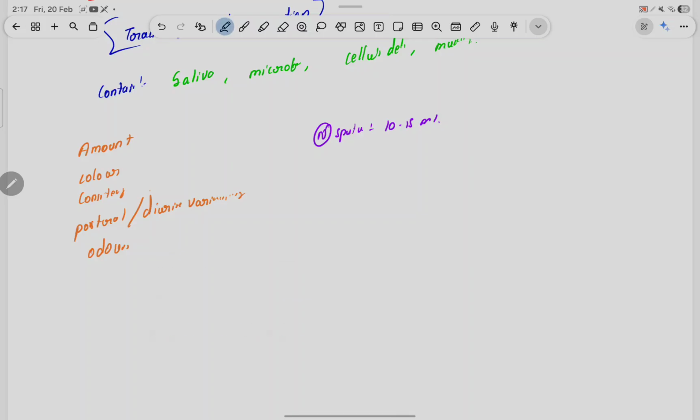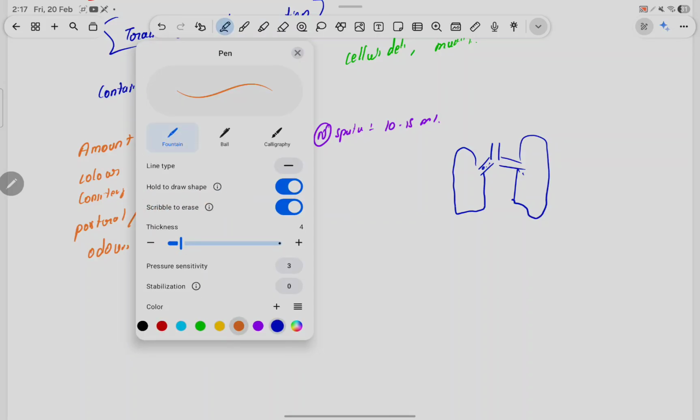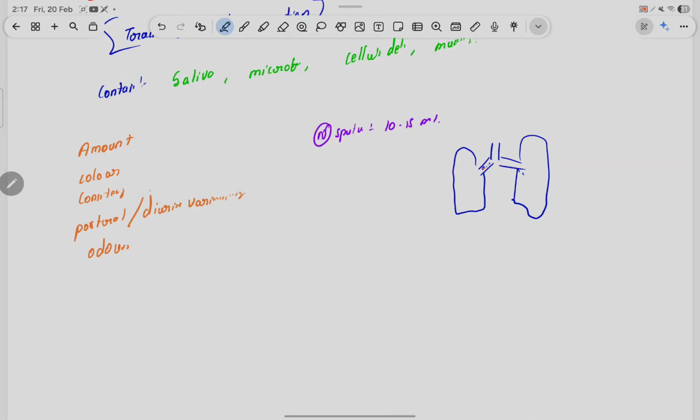So if we draw the diagram of the lungs, we can see by which mechanism this sputum will be produced. See, these are the lungs. There will be a number of goblet cells here.